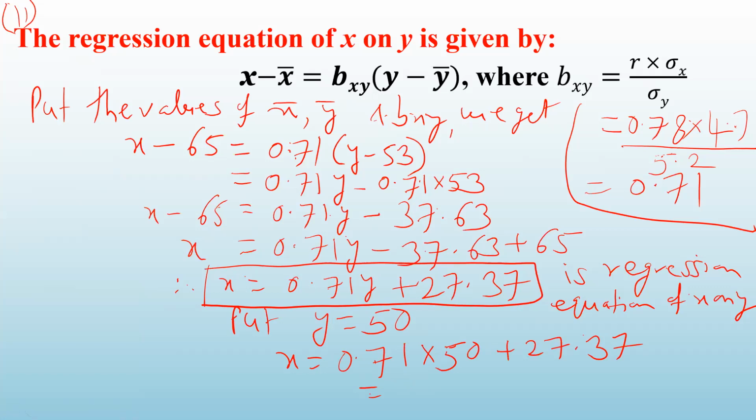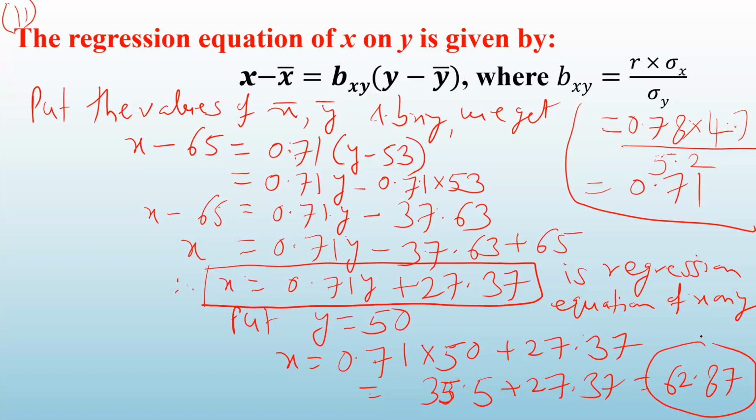So 0.71 multiplied by 50 is equal to 35.5, plus 27.37, that is equal to 62.87. So that means the value of x is 62.87 when the value of y is 50.